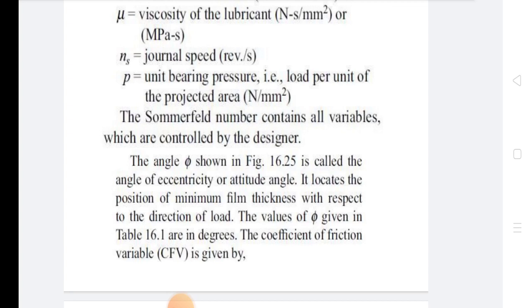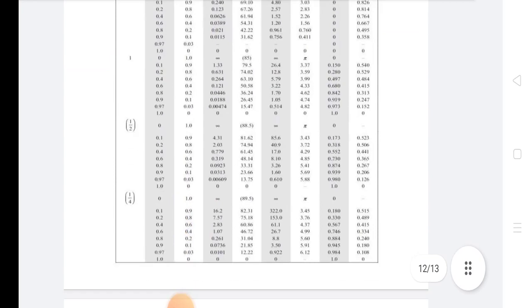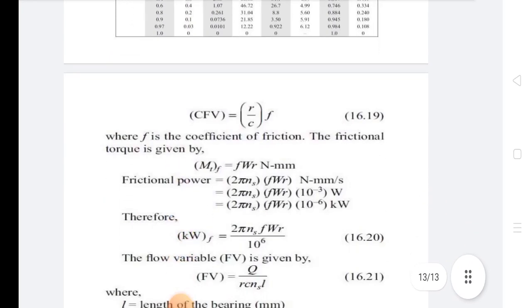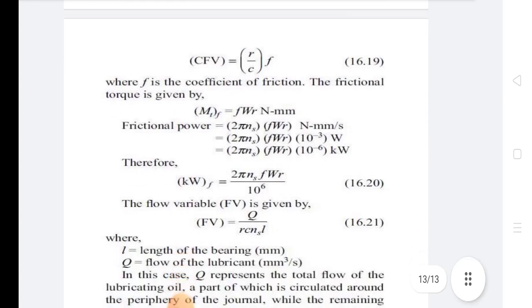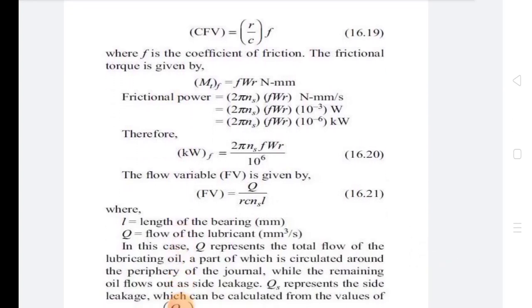The coefficient of friction variable, CFV, is given by, this is the table, CFV is equal to r by c into f, where f is the coefficient of friction. The frictional torque is given by Mtf is equal to f W r, in Newton mm.